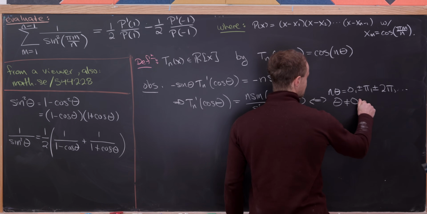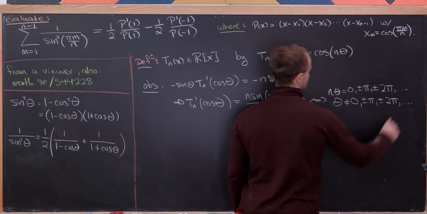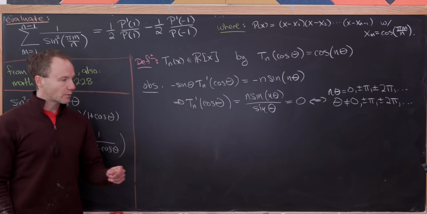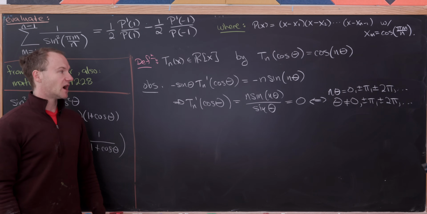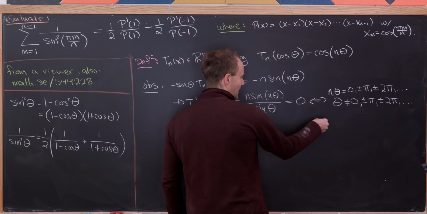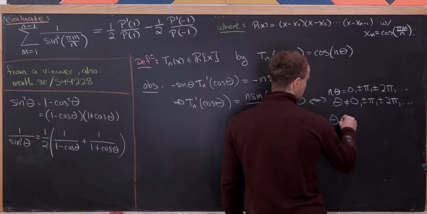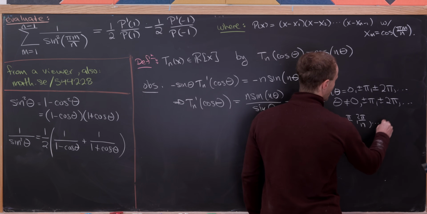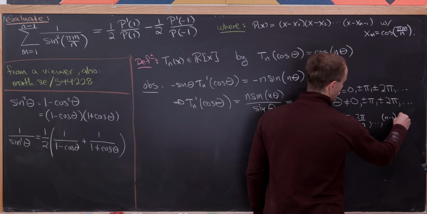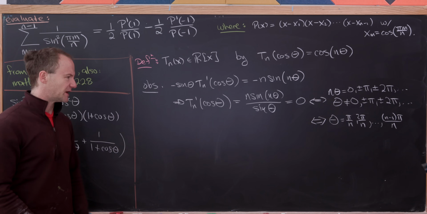So theta is not equal to 0, plus or minus pi, plus or minus 2 pi, and so forth, because what we want is for the numerator to be 0, but the denominator not to be 0. Well, that means theta can take the values pi over n, 2 pi over n, all the way up to (n minus 1) pi over n. And in fact, after that, it starts repeating.